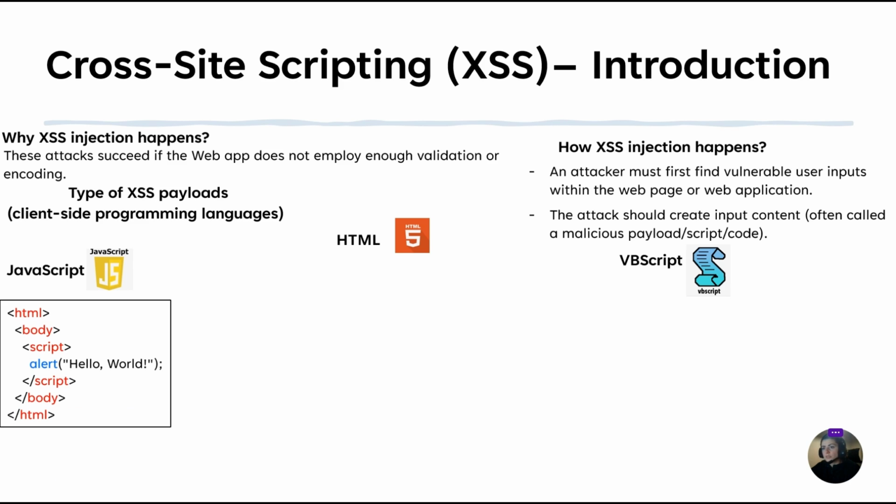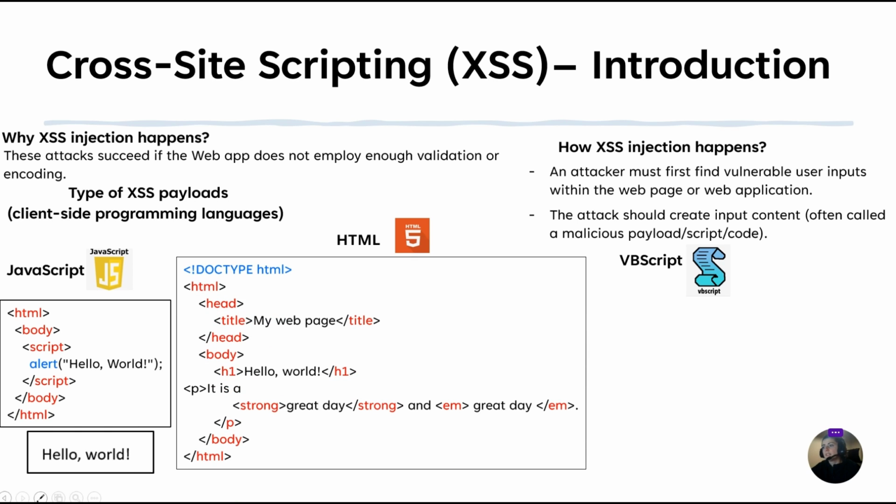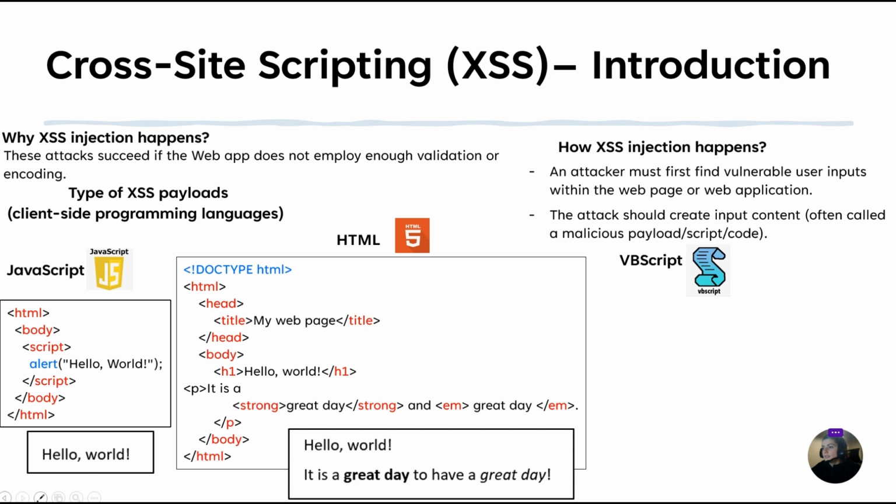Here is how JavaScript looks. We can see the elements. This is the alert "hello world," and this is how the user should see the JavaScript. Okay, the HTML, this is how the HTML looks, and this is how we can see it from a website when we are browsing.